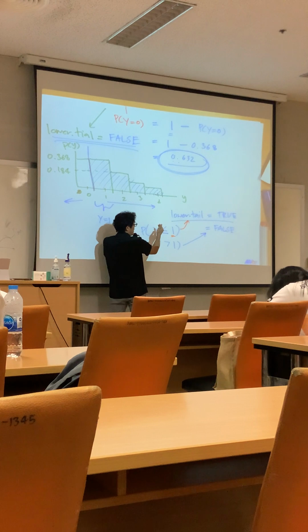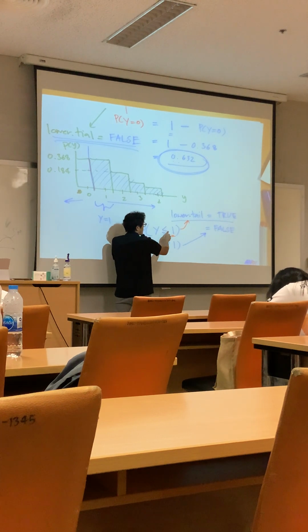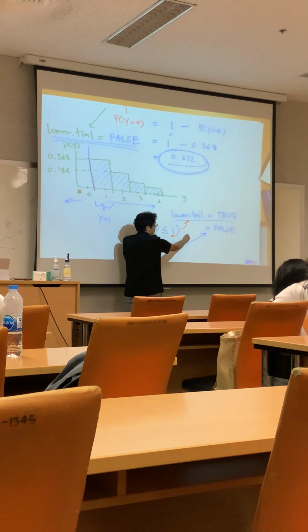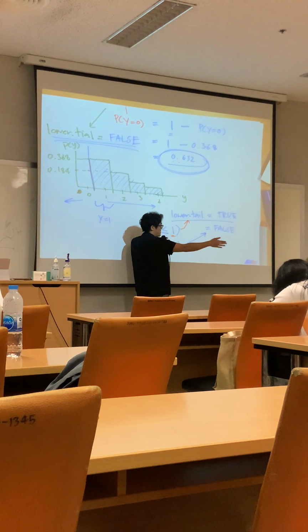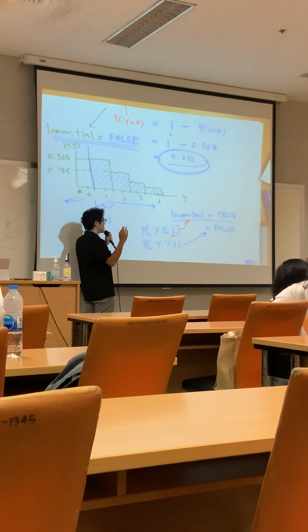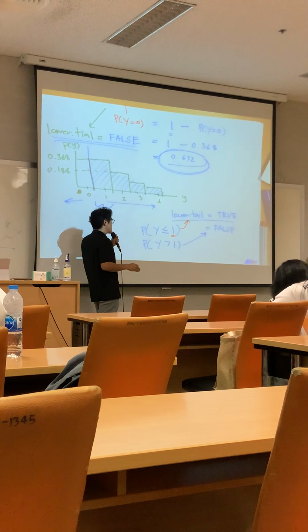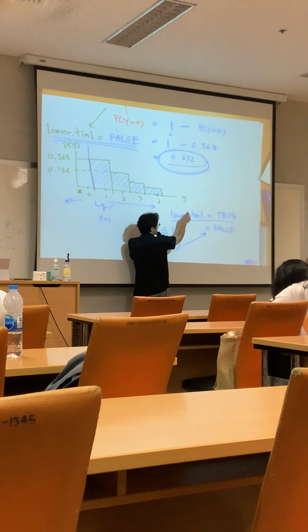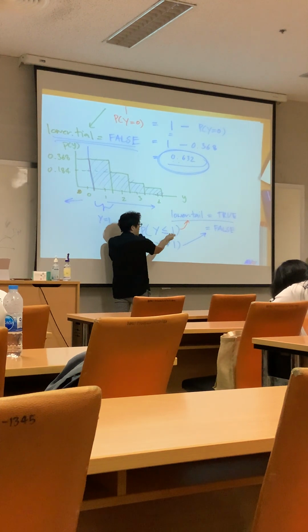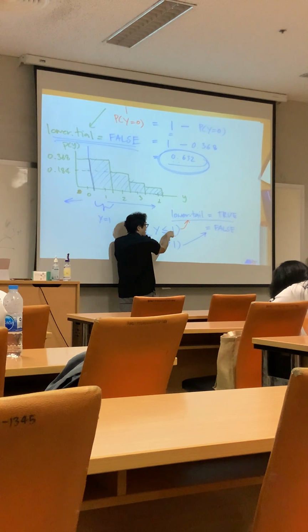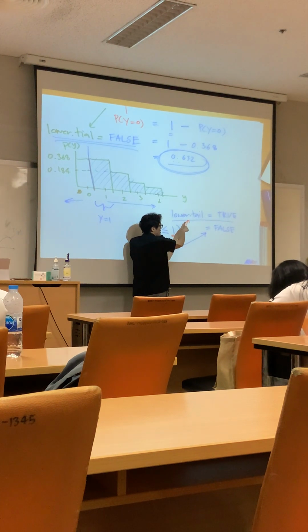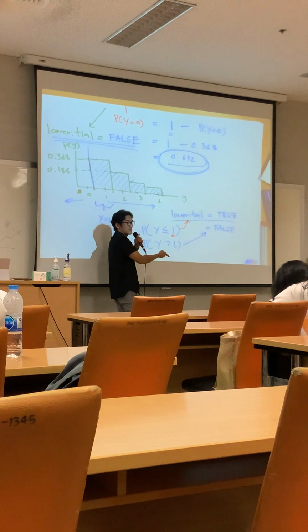One is y less than or equal to 1, so 0 and 1. The other is y greater than 1, so it cannot be 1 now, it can be 2, 3, 4, 5, 6, 7, and so on. So the R setting is such that when you specify lower tail and supply the number 1, the probability of that number is included in the lower tail, not in the upper tail.